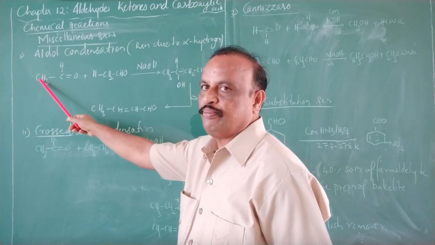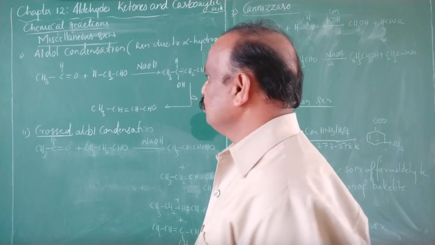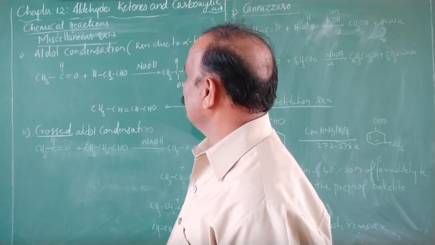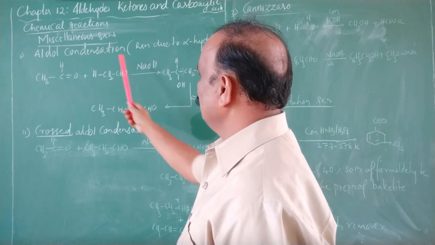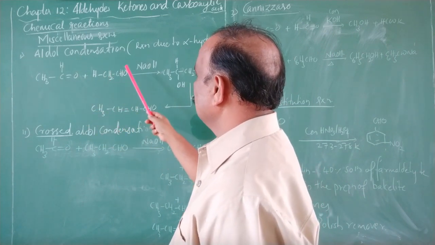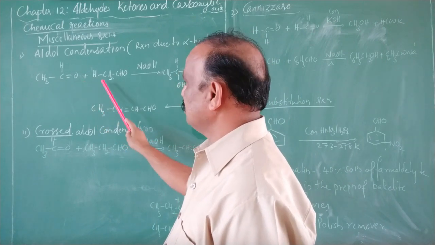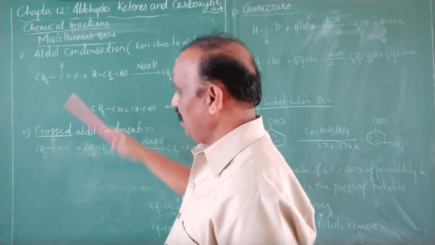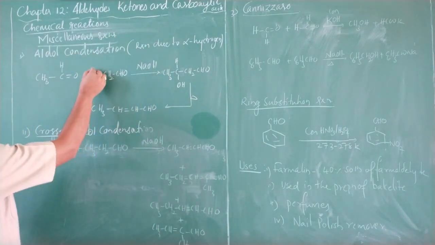These hydrogens are present. So acetaldehyde undergoes this aldol condensation when it is treated with dilute NaOH. See what happens: the condensation takes place between two molecules, this is also acetaldehyde, this is also acetaldehyde. One of the hydrogen atoms migrates to this one.